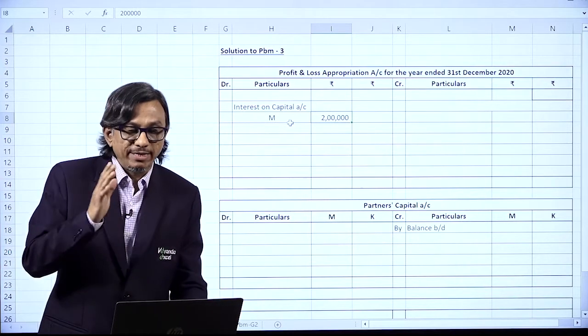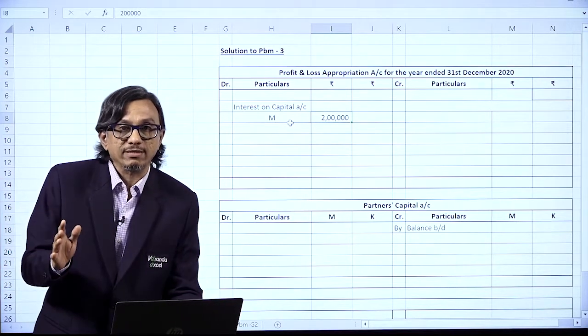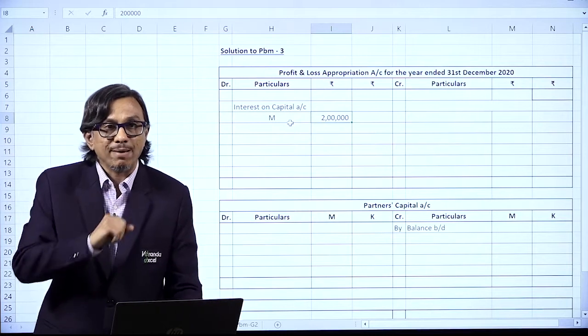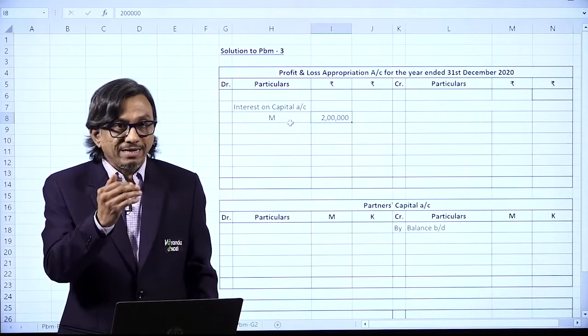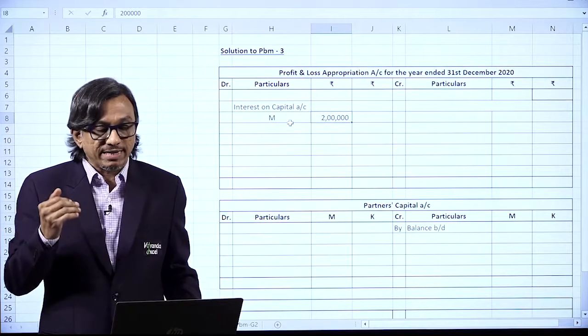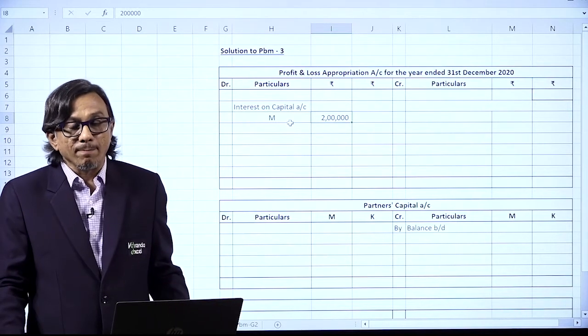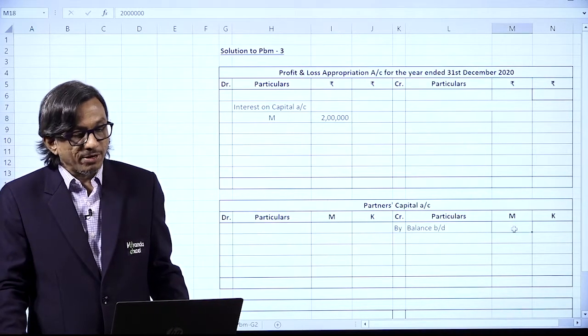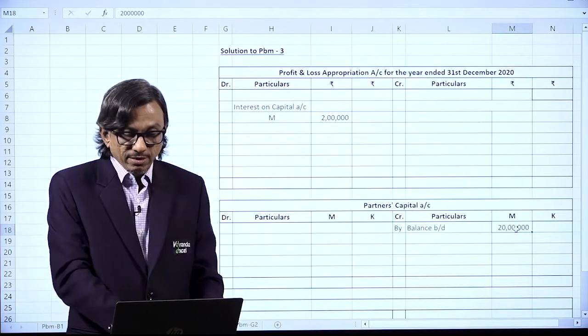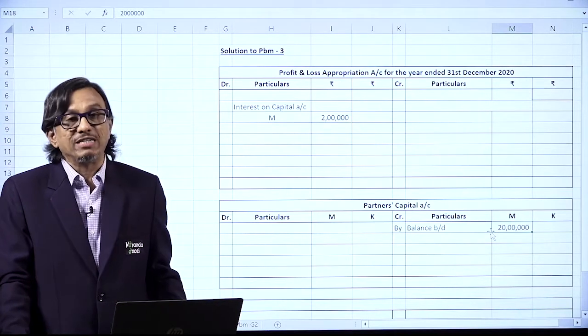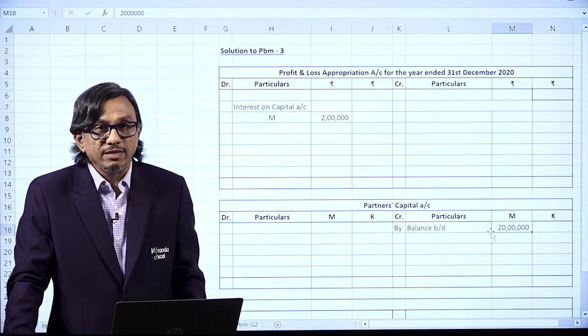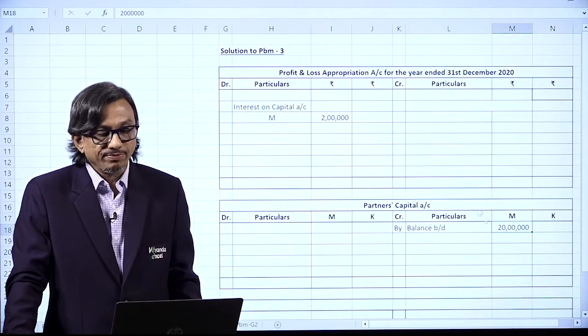So capital into 10% will give you 2 lakhs. So what will be the capital? You divide the interest by 10% and you will get the capital of M, correct? So the capital of M is 20 lakhs, 2 lakh divided by 10%.